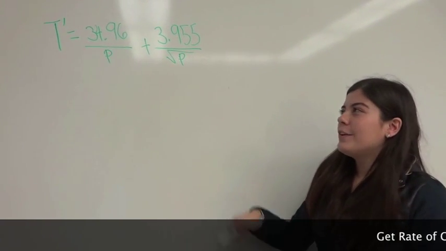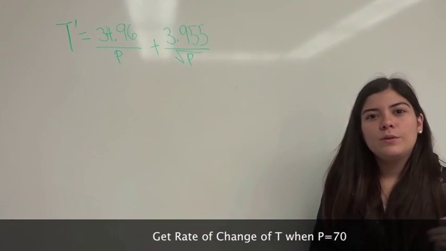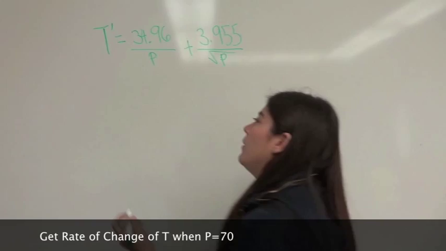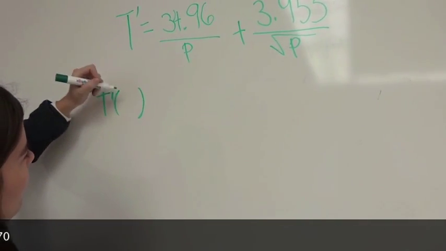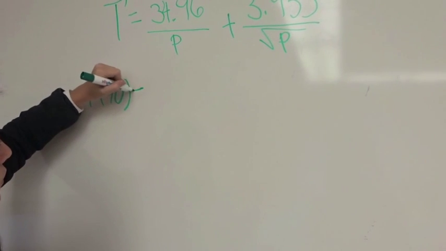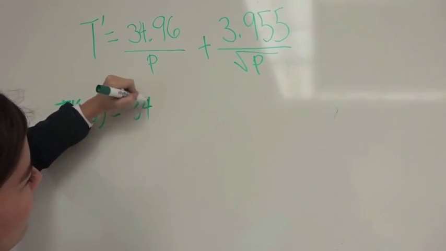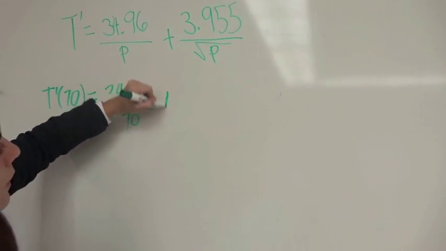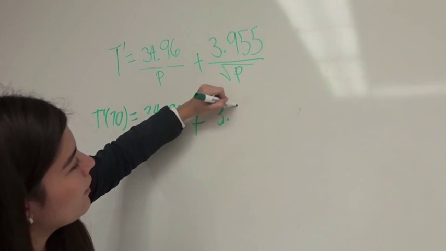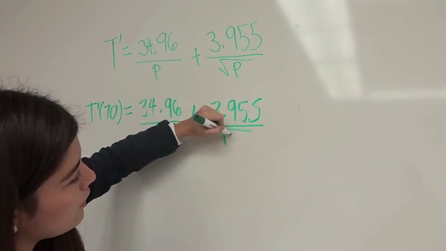Here we can see the derivative from the original function. And now we're going to find the rate of change when pressure is 70. So now we're going to substitute in the derivative formula. And 34.96 will be over 70 plus 3.955 over the square root of 70.